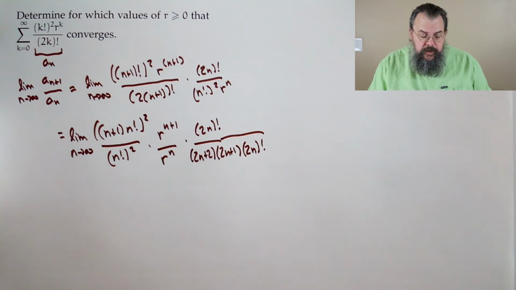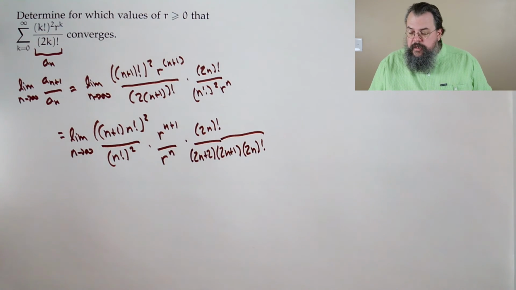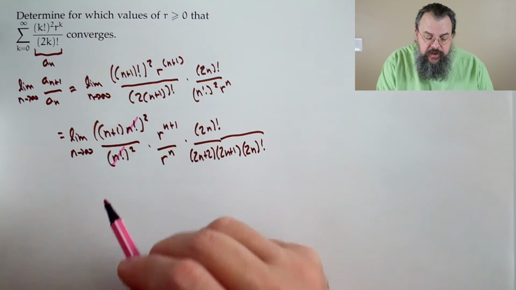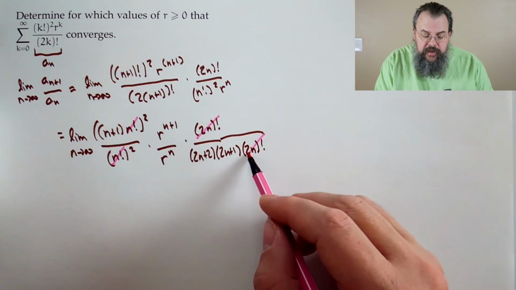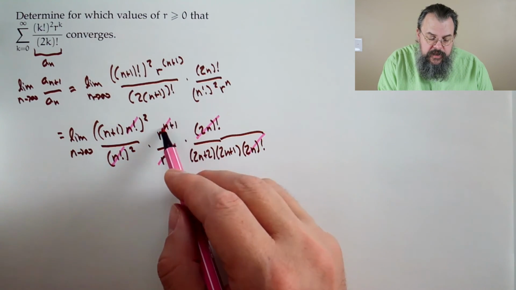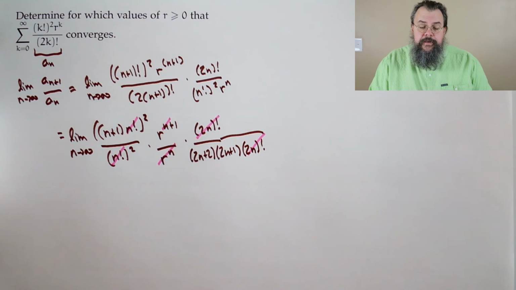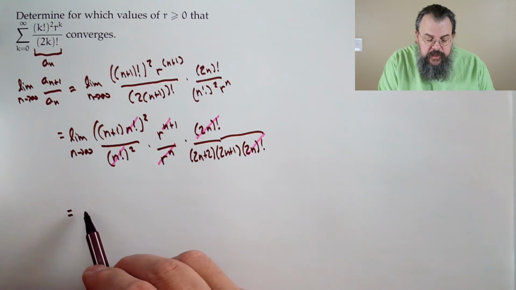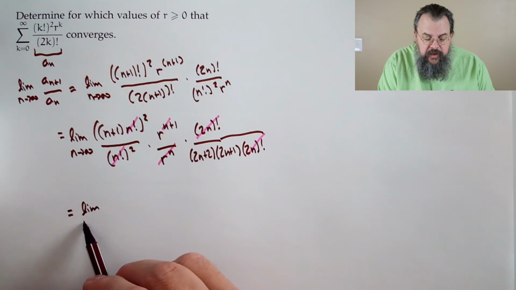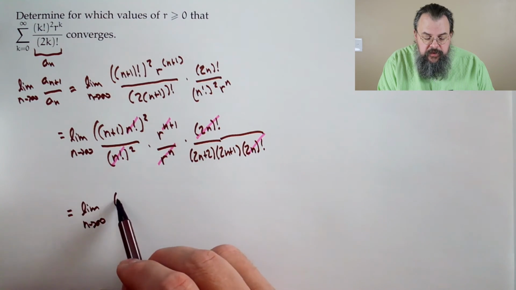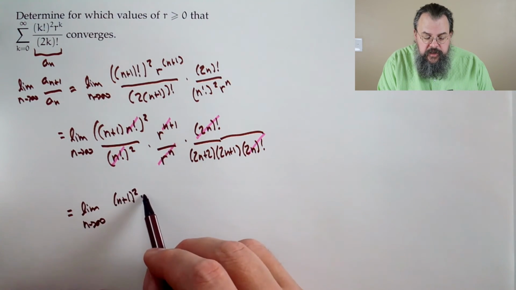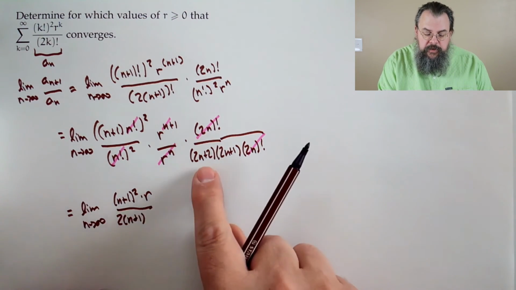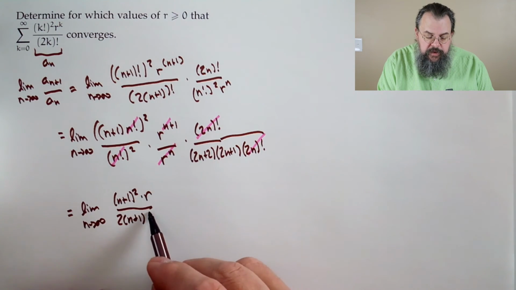So, all right, there we go. Now, if this is a good problem, things should simplify. We see, aha, the n factorials cancel, the 2n factorials cancel, and we can cancel off a lot of the r's. So, what do we have? Well, we have the following. This is the limit as n goes to infinity, we have an n plus 1 squared, then there's an r, and downstairs we have 2 times n plus 1, whoops, right, because it can factor out 2 there, times a 2n plus 1.